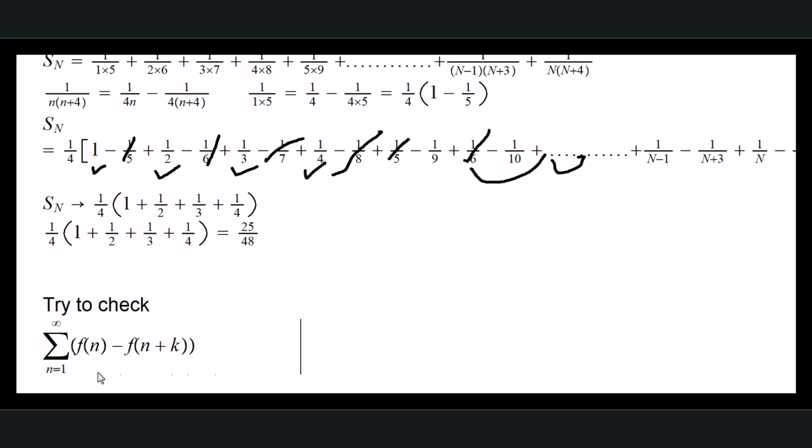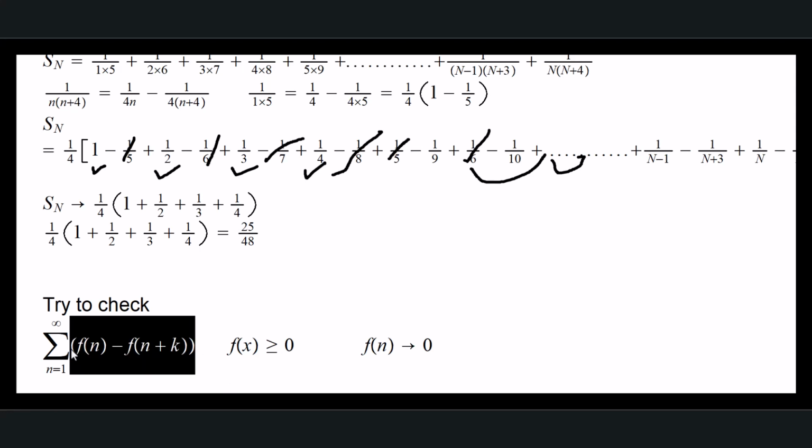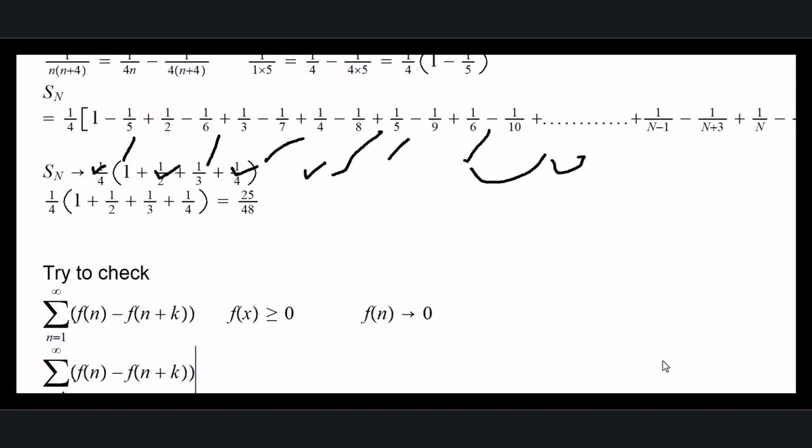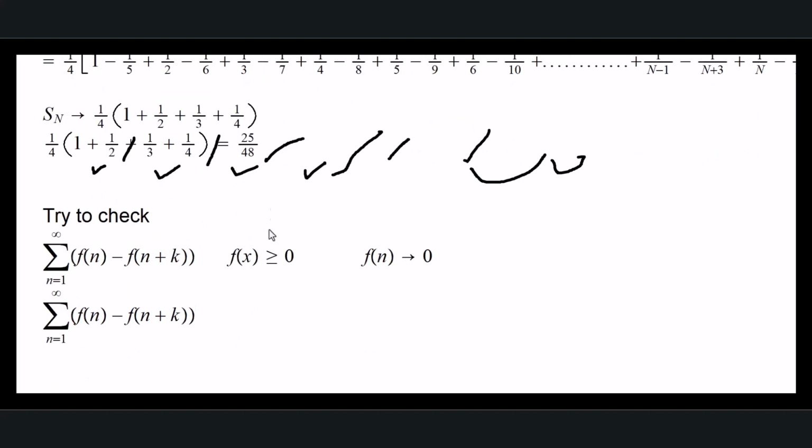And let's assume for now that f is always greater than 0, that f of x is never negative. So if we have this, that f of n goes to 0, then I'm leaving it for you to check. I'm not writing a proof of this.